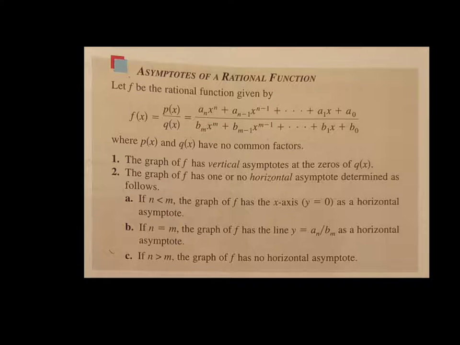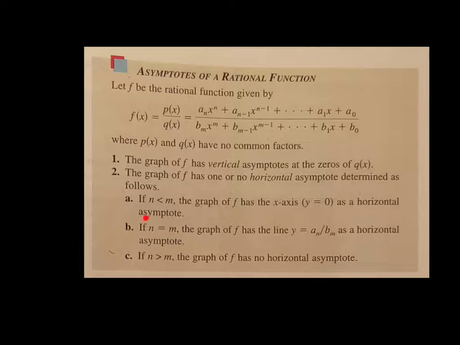And so that's all they're saying with this. Make sure that you have arranged it, at least in your head, from the biggest exponent to the smallest exponent. And as long as you do that, and you assume there are no common factors, so if you factored something it could cancel, then all we're doing is comparing these two degrees. And that's this horizontal part.